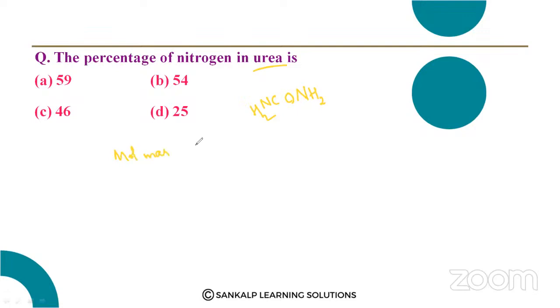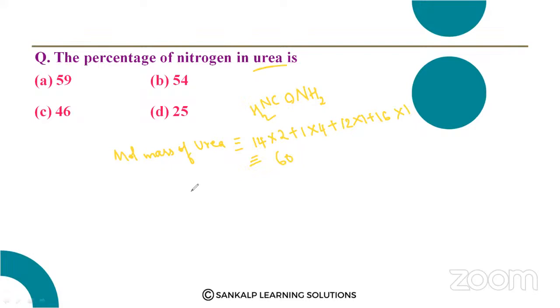Each nitrogen is 14, and there are 2 nitrogens. Plus each hydrogen is 1, and there are 4 hydrogens. Plus carbon, 12 into 1. Plus 1 oxygen, 16 into 1. After solving this, the molecular mass comes to be 60.